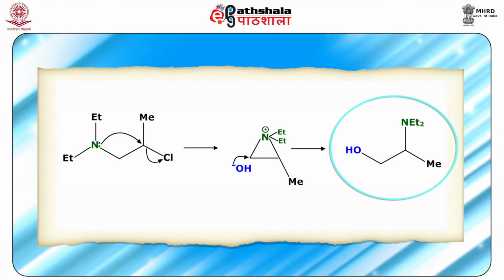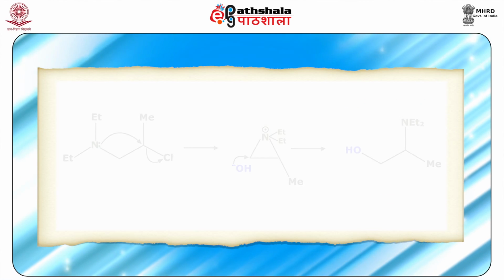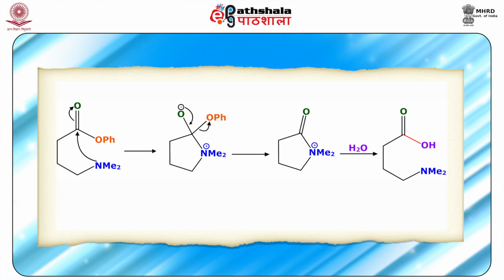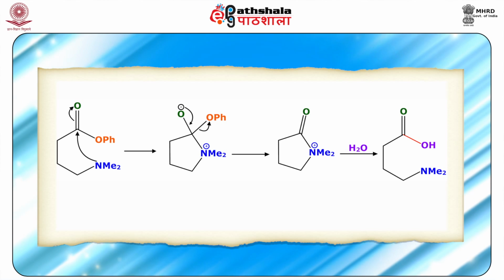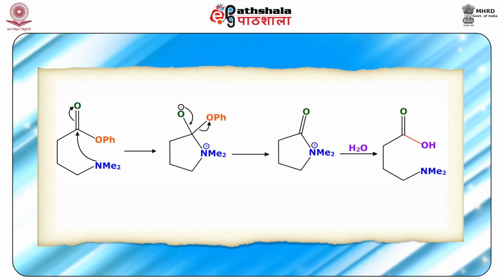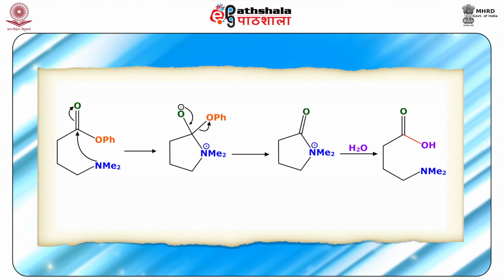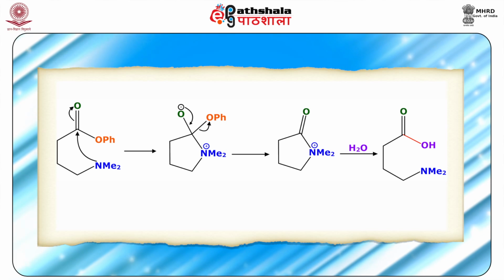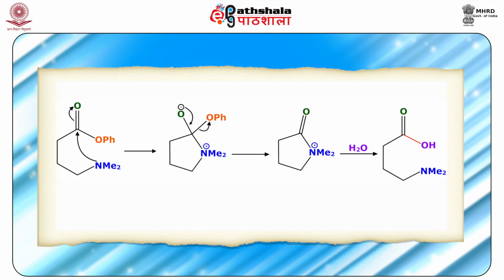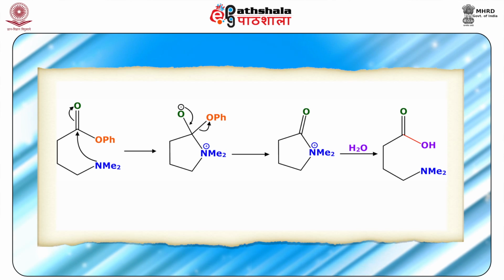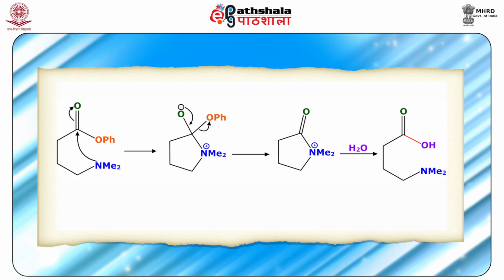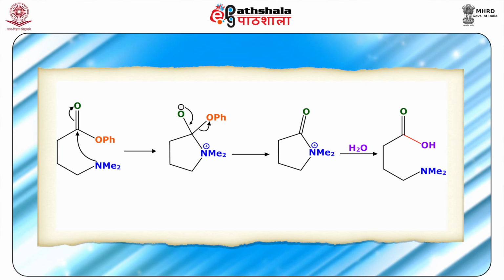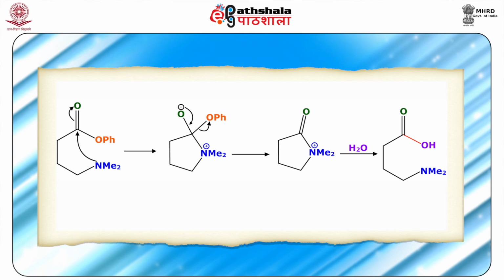primary alcohol. Let us consider some more examples. In this example, the NMe2 group is providing anchimeric assistance for the hydrolysis of an ester. You can see here the ester is the COOPh group, and the lone pair of this NMe2 group will attack the carbonyl carbon of the ester group, forming this intermediate oxyanion.